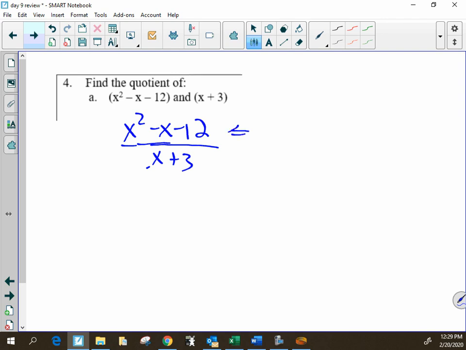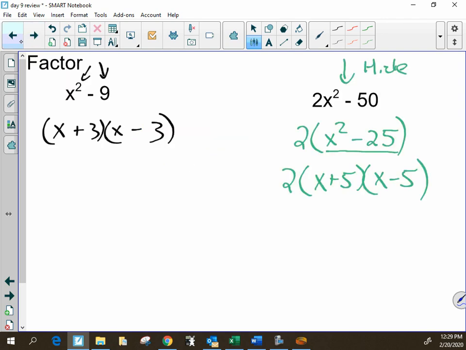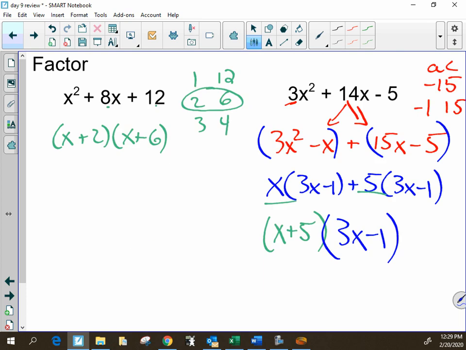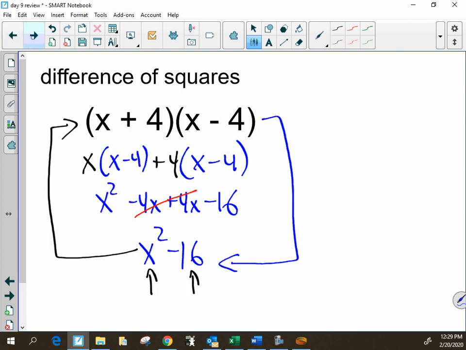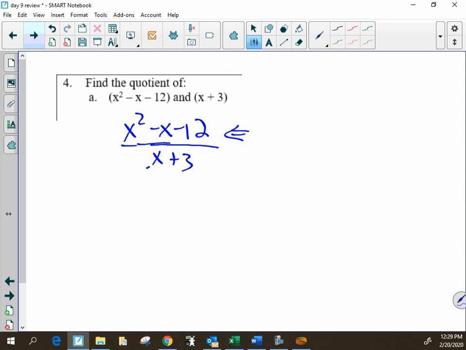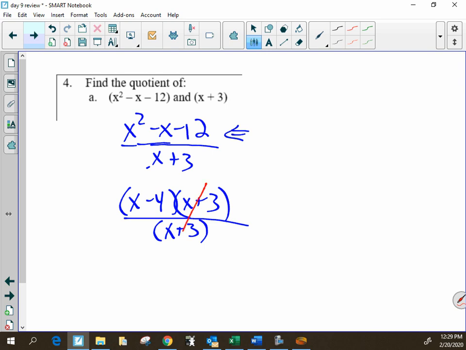And so now this problem is exactly like this problem here, where what are two numbers that multiply together to give you negative 12 that add up to negative 1, so that the top would be x minus 4 and x plus 3. But the bottom of the fraction is still x plus 3. And now because we have two factors in the top being multiplied, we can cancel, and our answer is x minus 4.